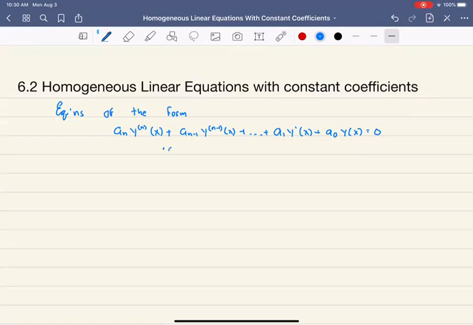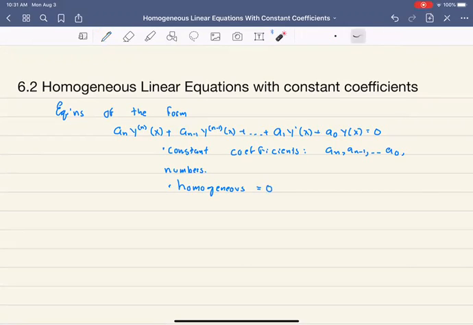Homogeneous means that your equation is set equal to 0.